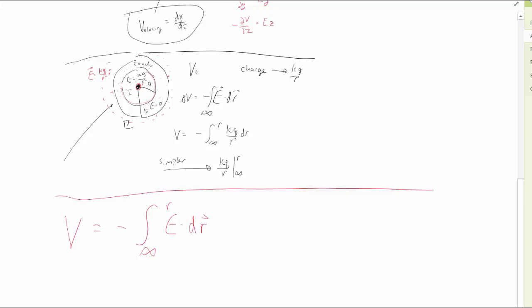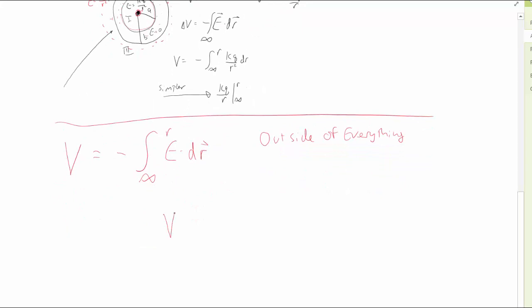Okay? You say, well, suppose I'm outside of everything. Well, if you're outside of everything, then I'd say your voltage in region 3 is going to equal minus the integral from infinity down to R of the electric field in region 3 dot dr. You say, okay, that makes sense.